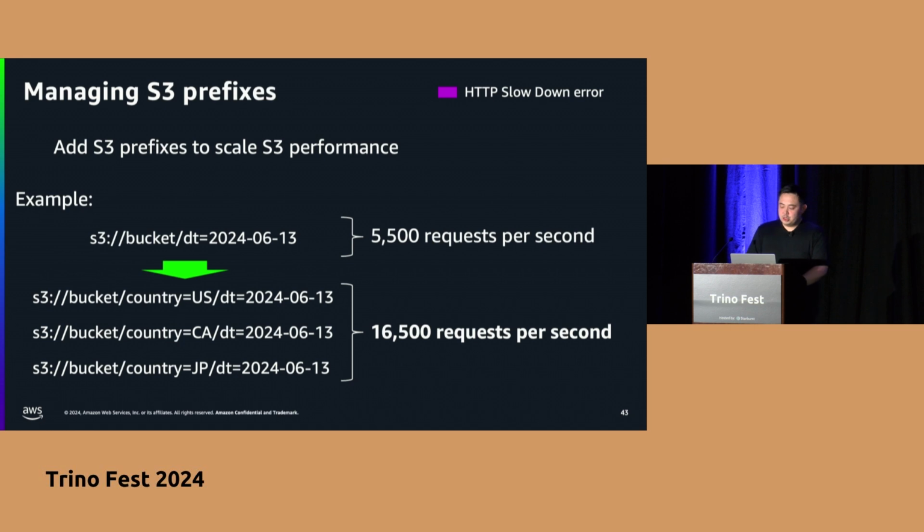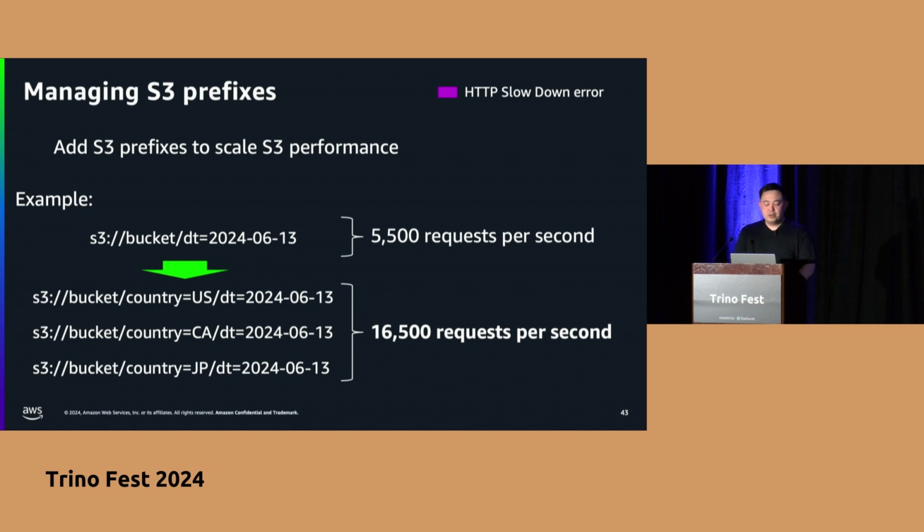In this Hive-style partition structure, you can have one prefix per country. And you can extract better S3 request performance when reading a table as S3 scales out based on incoming requests using this prefix.